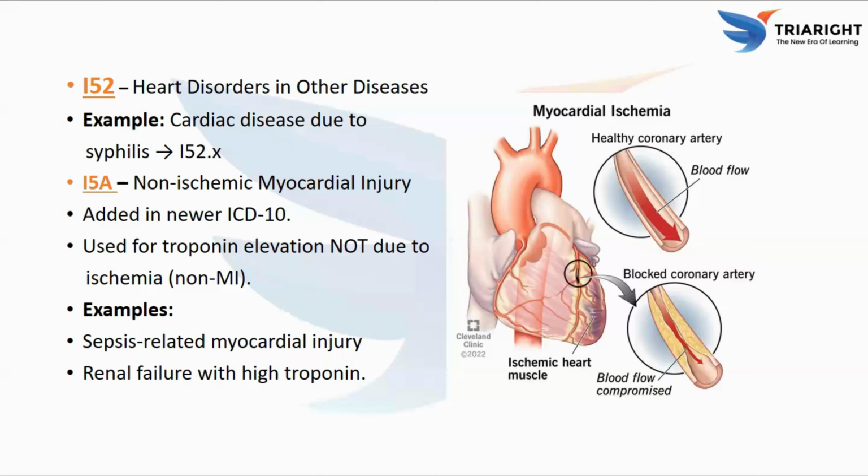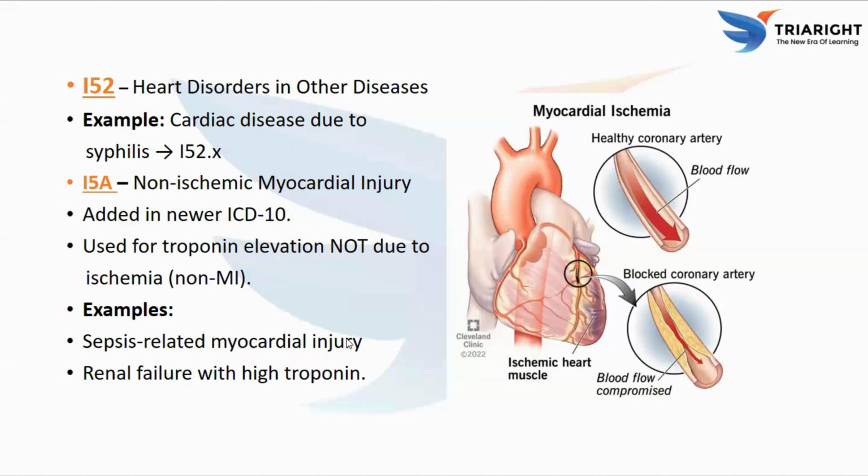You use I5A whenever heart muscle injury happens due to stress on the heart, inflammation of the heart, and also non-cardiac illnesses, and not because of blocked coronary arteries. What are the common examples of I5A? Sepsis-related myocardial injury and renal failure with high troponin.